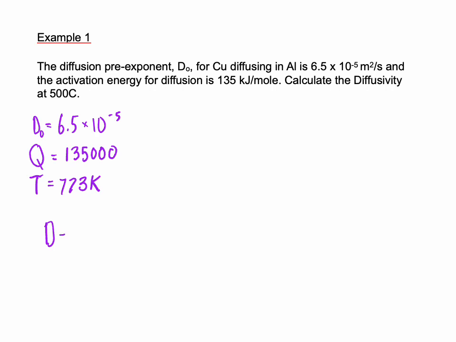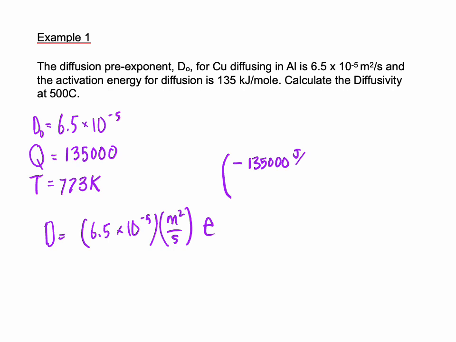So D is equal to 6.5 times 10 to the negative 5, and I'll put my units outside here so that you can see where they come from in the answer. e to the negative 135,000 joules per mole divided by R, 8.31 joules per mole Kelvin, and temperature is 773 Kelvin.